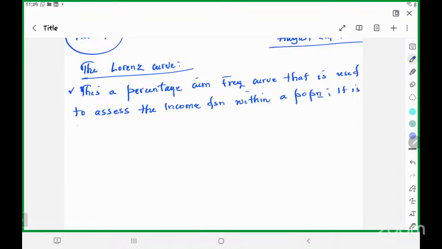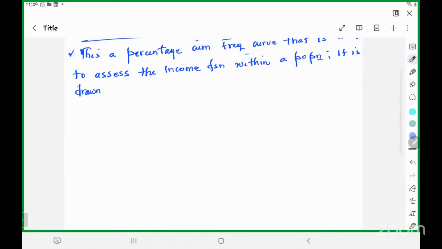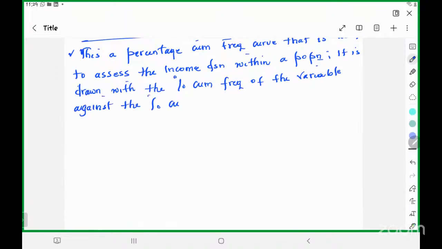It is drawn with the percentage cumulative frequency of the variable against the percentage cumulative frequency, bracket number, against the percentage cumulative frequency.